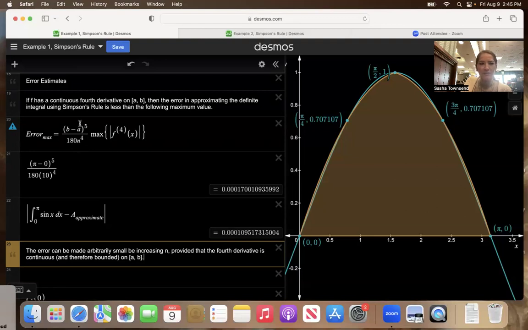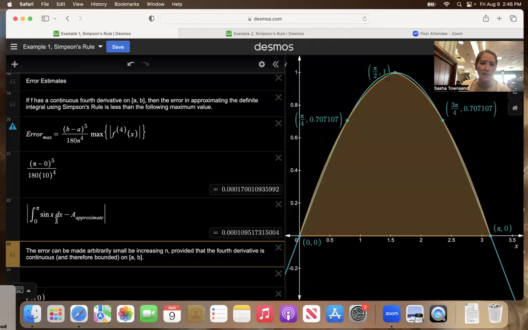So this formula can be used to allow us to infer the number of subintervals that we should use to get the approximation of the integral to within a desired accuracy. For this particular integral, we could just use the fundamental theorem and we get the exact value. But in other problems, you might not actually be able to find the value without a calculator or without a numerical method like this.